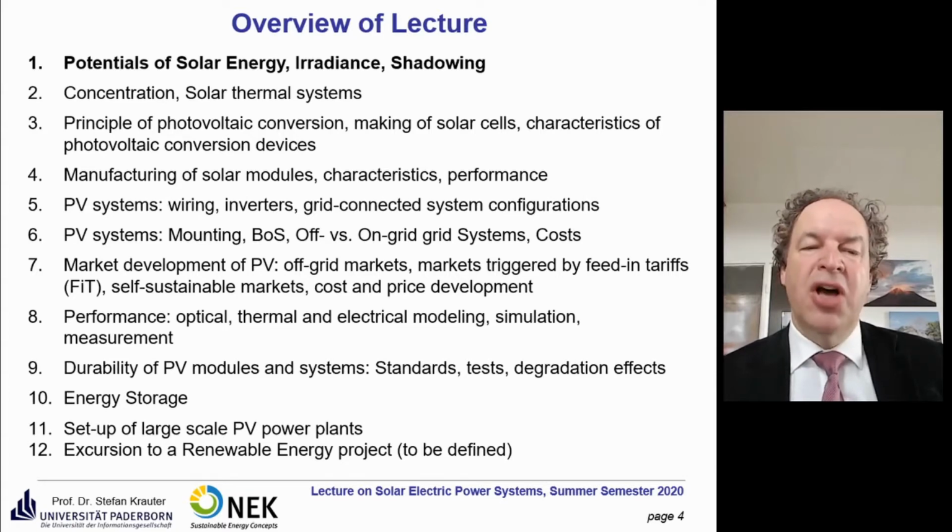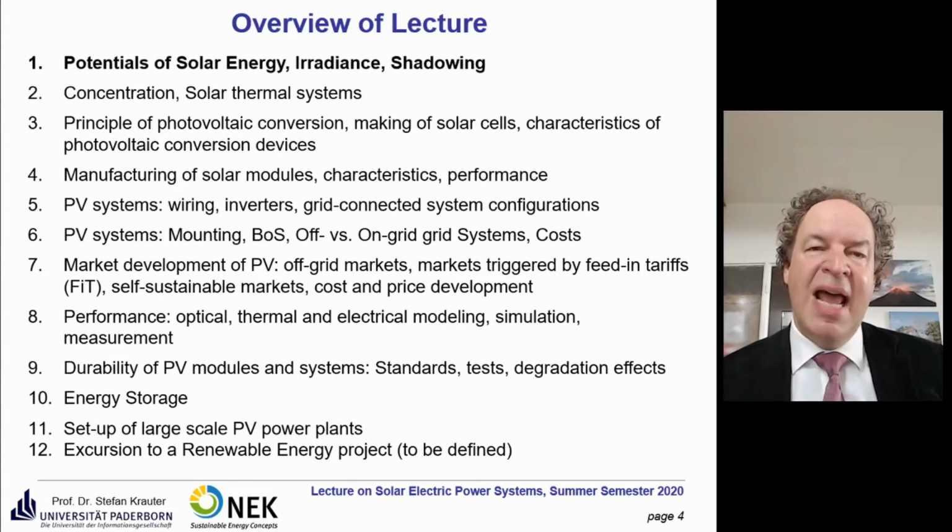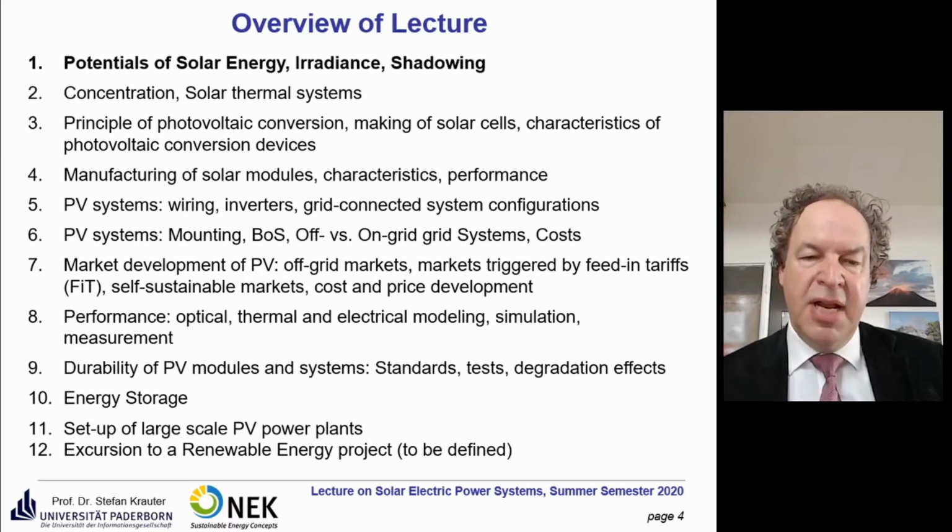Then we go to solar modules, check the characteristics and their performance. Then we go more towards systems, so what's around the PV modules: the wiring, the inverters, grid connection, system configurations. Then the second part of the system part is the mounting, the so-called BOS, that means the balance of systems part, ground environment and so on, and costs related to that.